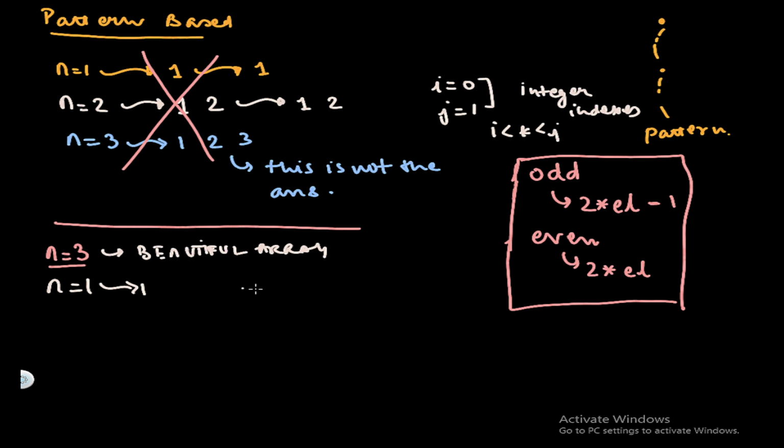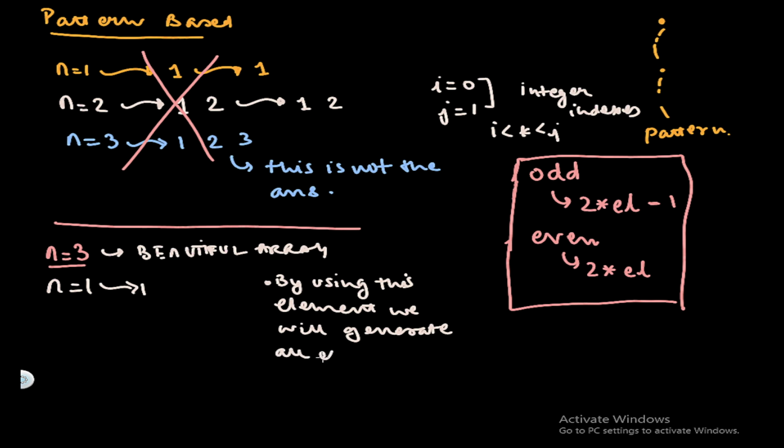Now by using this element, I will write the steps: we will generate all elements which belong to the range of n equals 3. For odd, I said 2 times element minus 1.